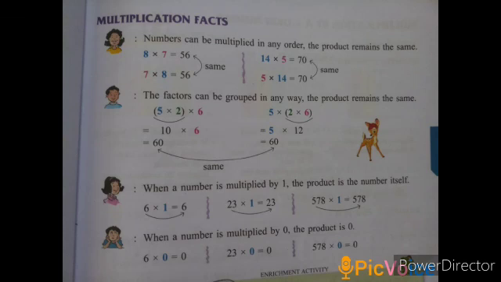Children, next topic is multiplication facts. Numbers can be multiplied in any order. The product remains the same. So when we are multiplying 8 into 7 or 7 into 8, the answer will be 56. Next fact is, the factors can be grouped in any way. The product remains the same. 5 into 2 into 6.